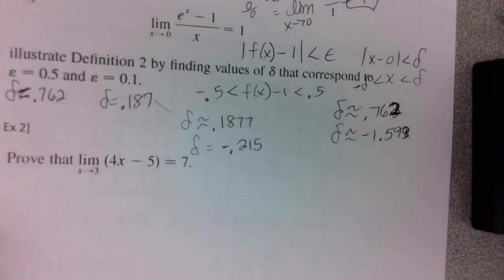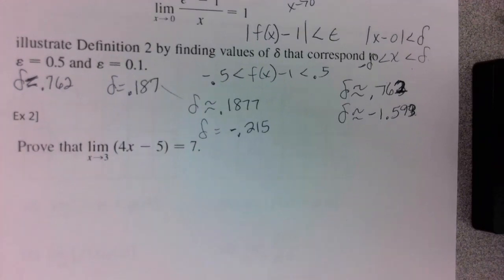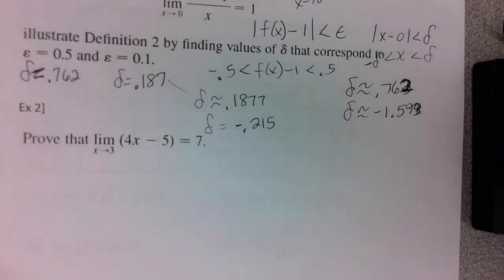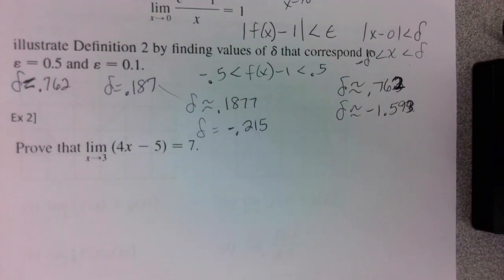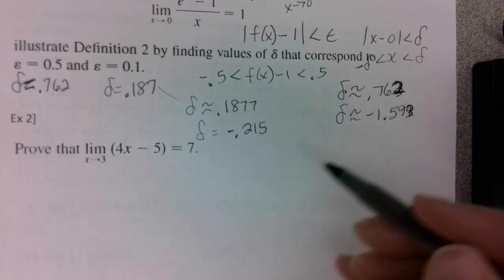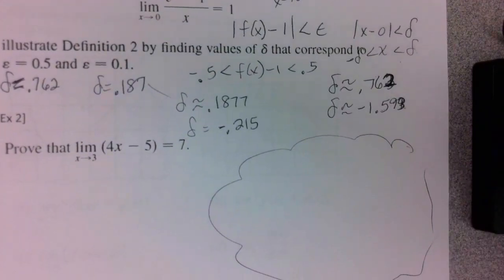So, not a beautiful thing, but I did want to expose you to it, and I will give you a couple problems you can test yourself to see if you can do it. Now, if we're proving this limit, then what happens, if you remember, I always had the thought cloud thing.